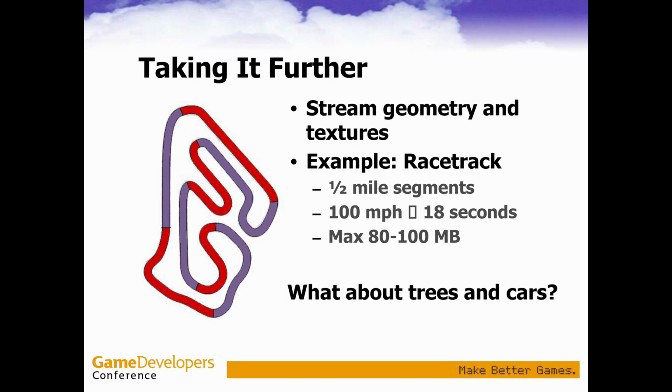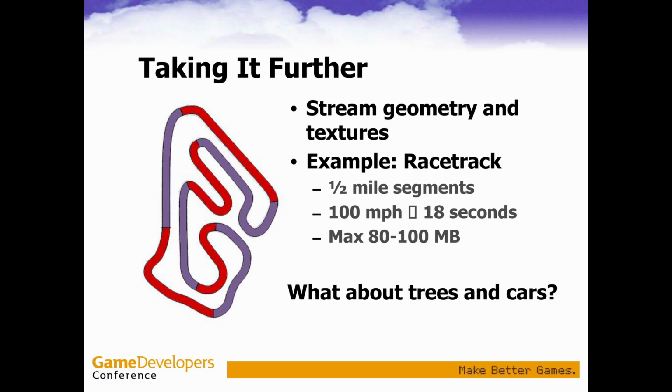All right, so extending that further to textures and geometry, where instead of streaming buffers of audio, we're going to try and stream areas of the game in. This is used a lot in racing games, so I'm going to use the example of a racetrack to extend this. So you can see with the racetrack there, I've broken it up into segments of about a half mile.